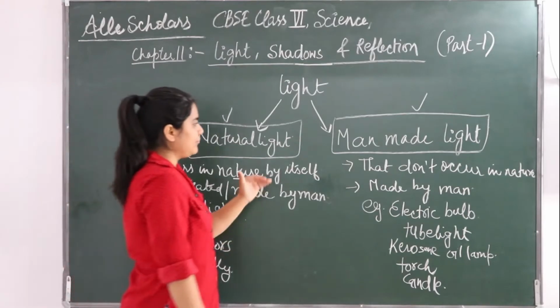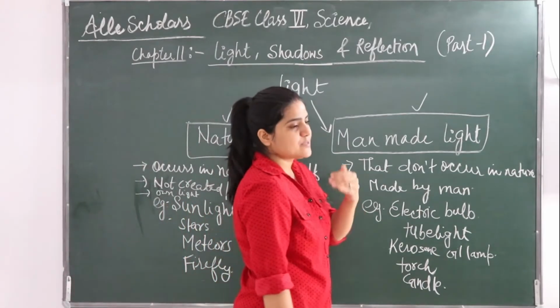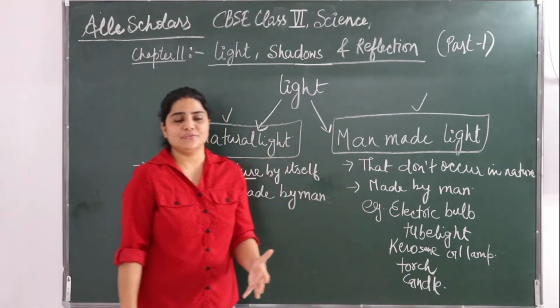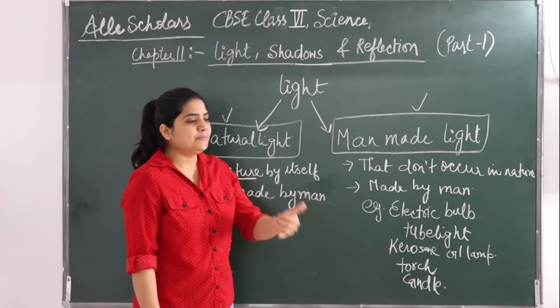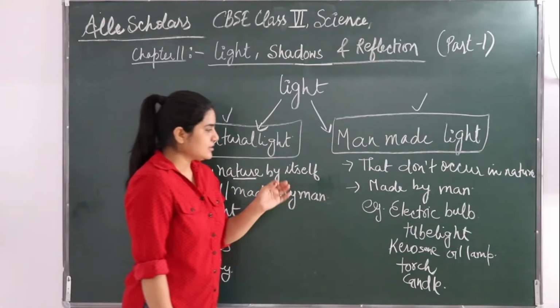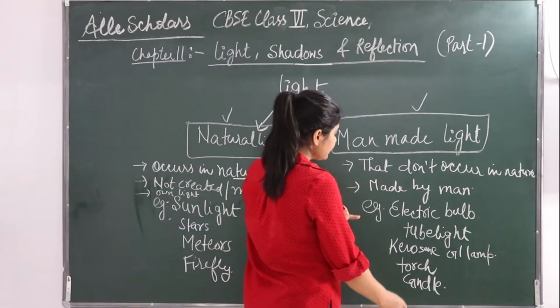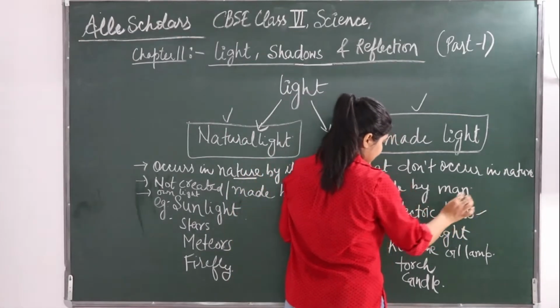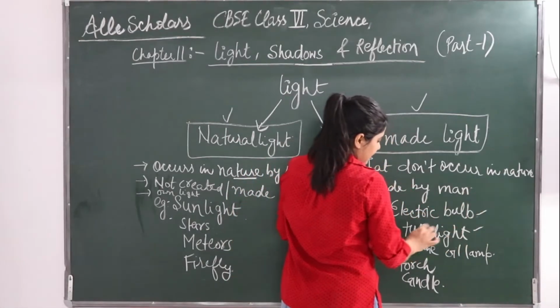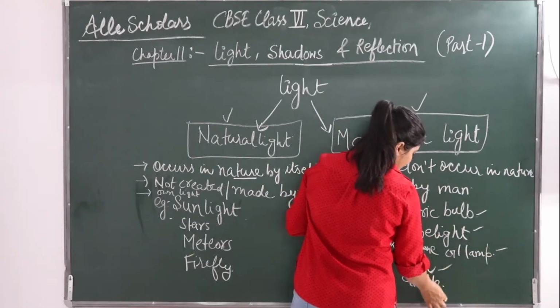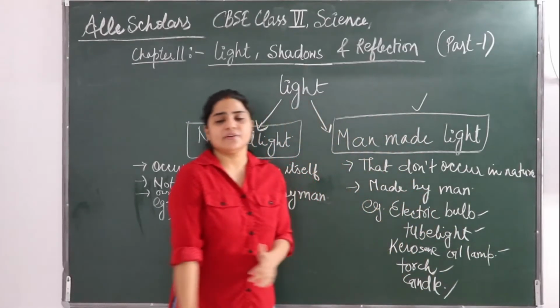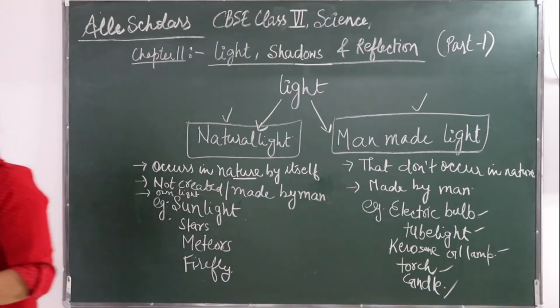The next type is man-made light: those sources of light which have been made or created by man. Like electric bulbs, tube lights, kerosene oil lamps, torch, candles, etc. These are man-made lights.